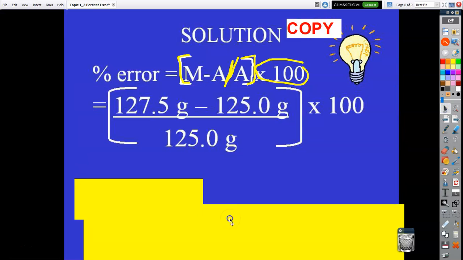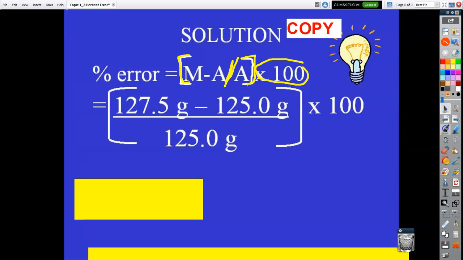And then I'm going to plug things in. Remember the student measured the rock to be 127.5. So I got 127.5 minus 125. I divide that again. Make sure you use the same accepted value on the bottom. You're only using the measured value up top. The kid measured it to be 127.5. That goes up top. But the actual value is used not only to find the difference, but also to then be used to divide by.